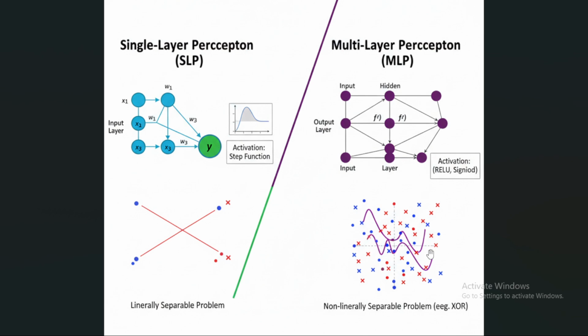Backward pass: the error is propagated backward through the network from the output layer to the input layer. As it goes back, the algorithm calculates the gradient, and this tells us how much a small change in a specific weight would affect the total error.